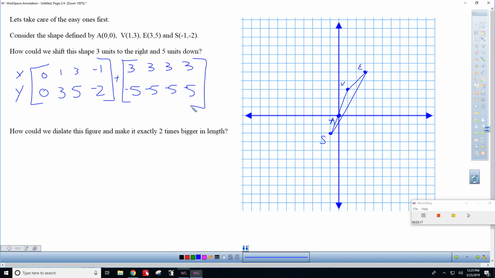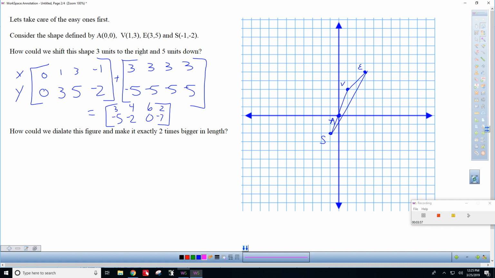So notice, our answer is going to be 3, -5, 4, -2, 6, 0, and 2, -7.